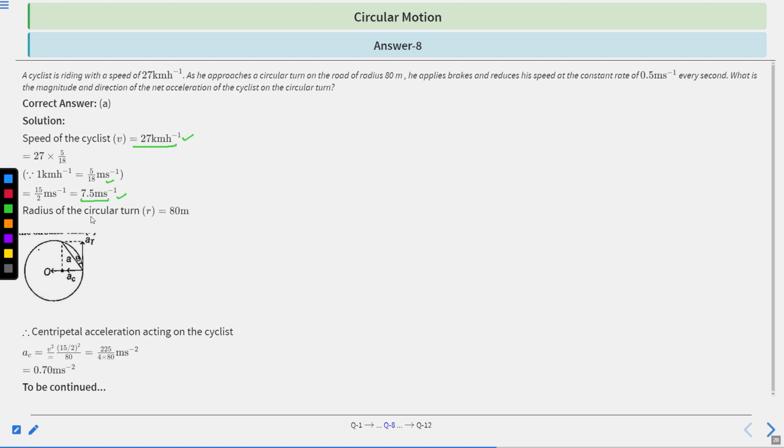The radius of the circular turn is 80 meters, as given in the question. Solving for the centripetal acceleration AC, you will get 0.70 meter per second squared.